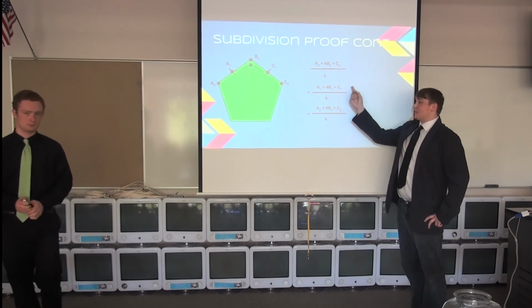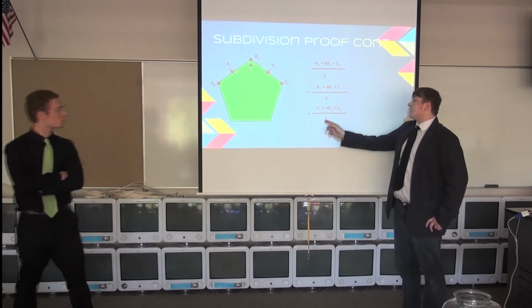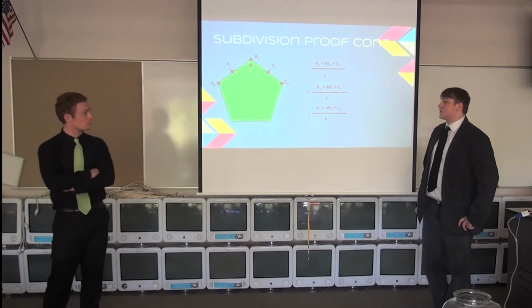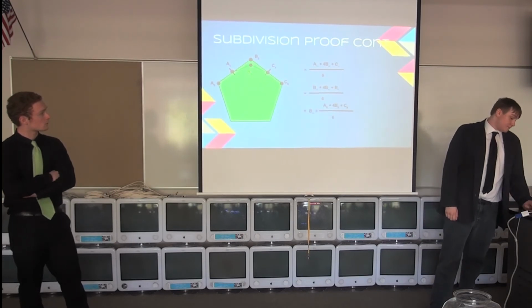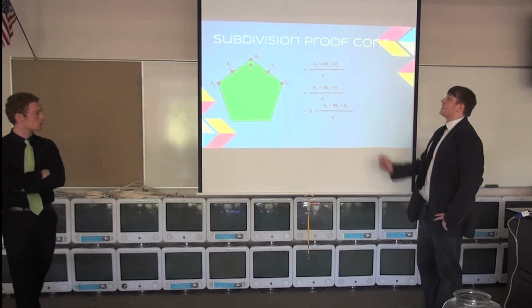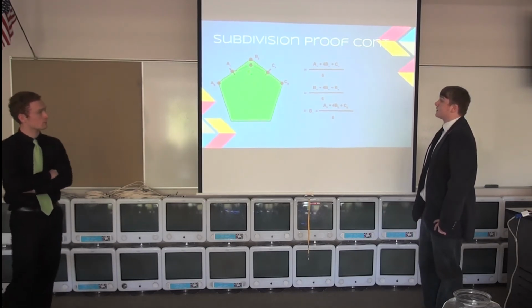And as it goes on, we keep substituting them in, and you can see that a sub 2 plus 4b sub 2 plus c sub 2 is also equal to the original equation. And we keep going until we get to a sub infinity plus 4b sub infinity plus c sub infinity.